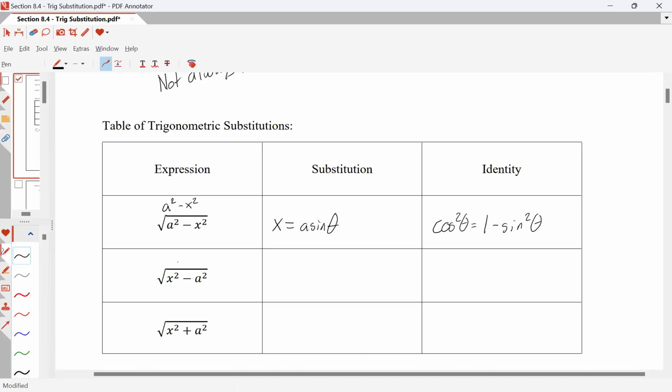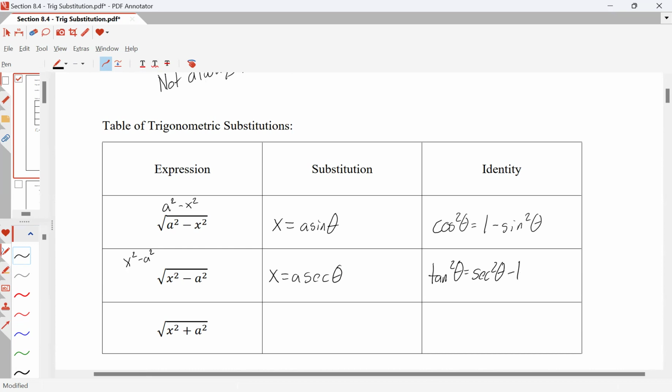Then for x squared minus a squared, which would be under a square root, or would not be, we use the substitution x equals a secant theta. The reasoning is the use of the identity that tangent squared theta is equal to secant squared theta minus 1.